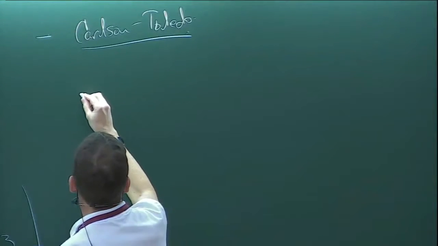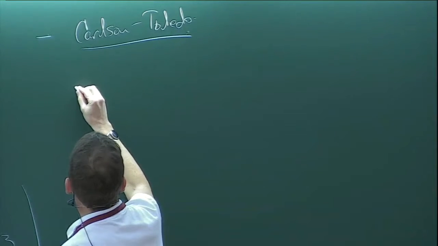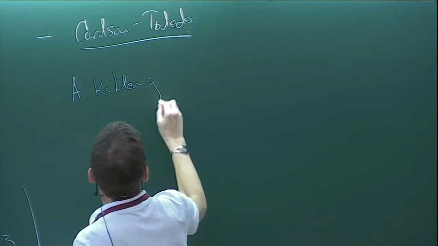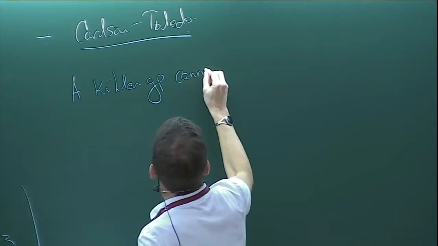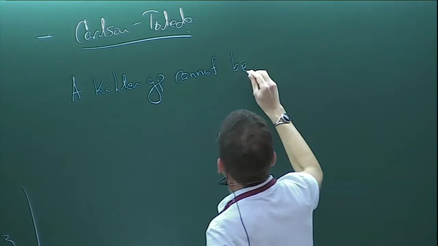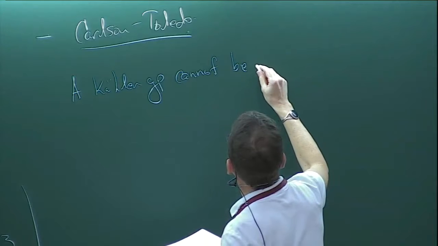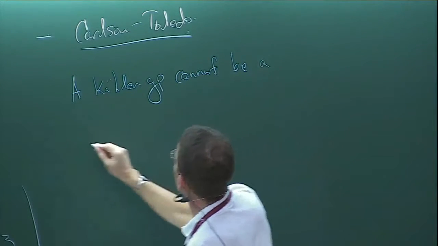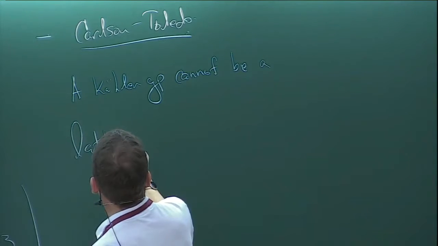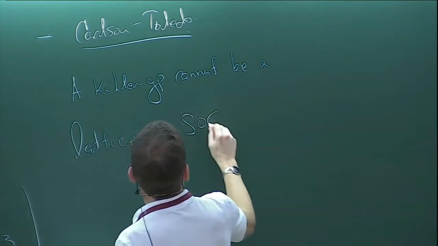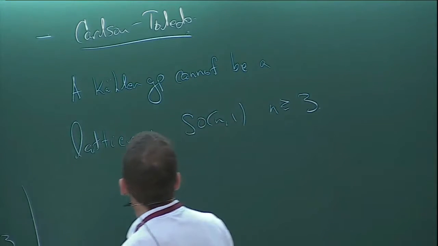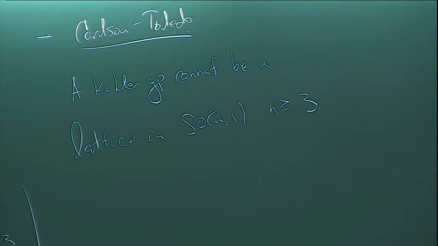And this says that a Kaehler group cannot be a lattice in a hyperbolic space. So it cannot be a lattice in SO(n,1) for n bigger than 3. So using some same ideas.